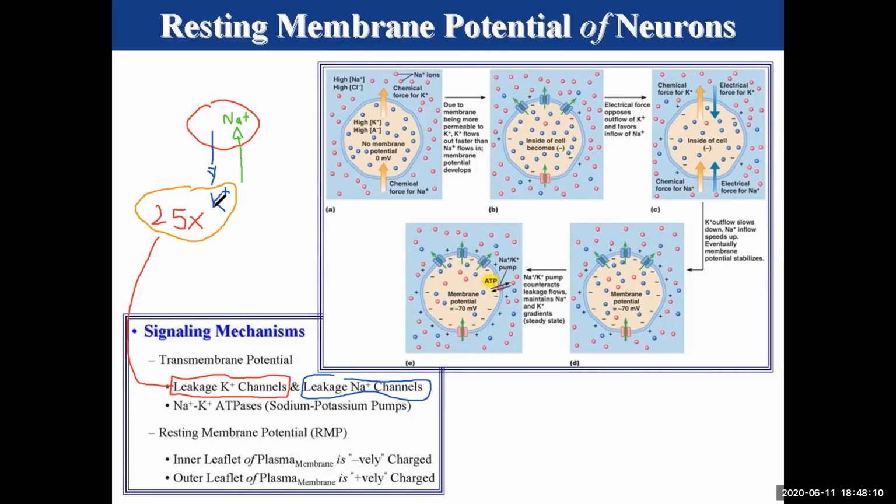So over time, with 25 times more potassium leaving than sodium coming in, it will lose much more positive charge inside the cell. It becomes more negative than outside the cell.